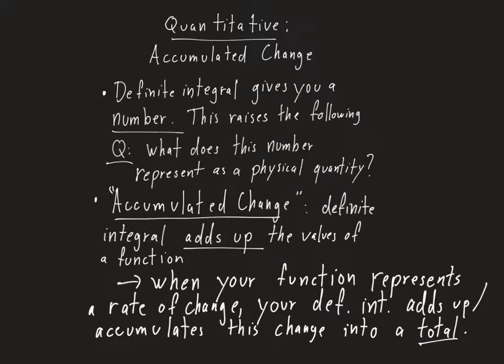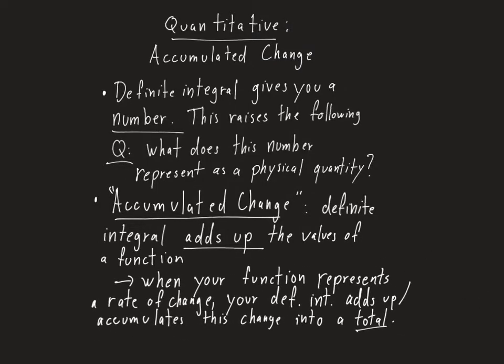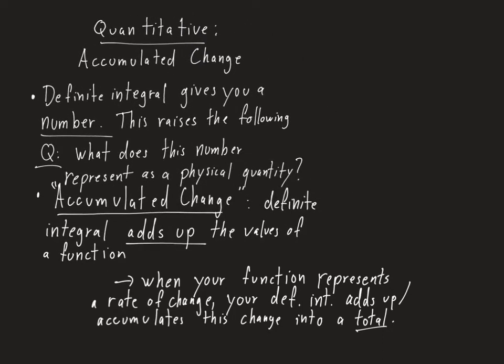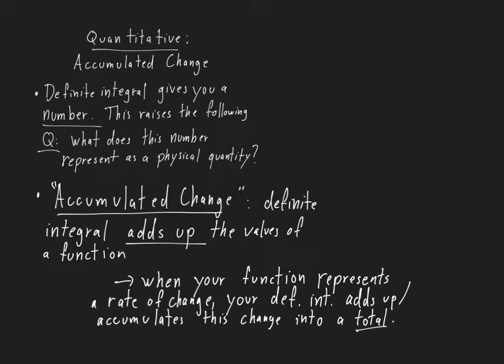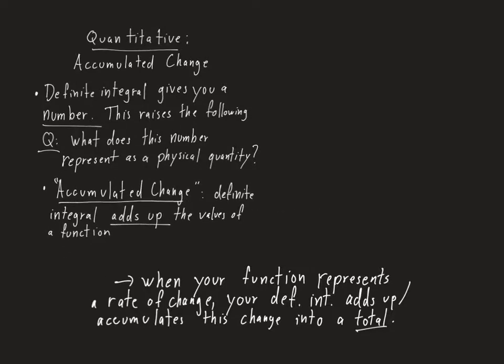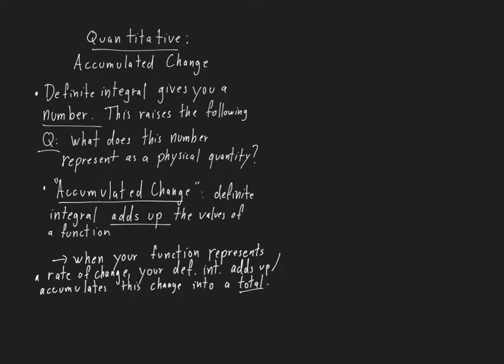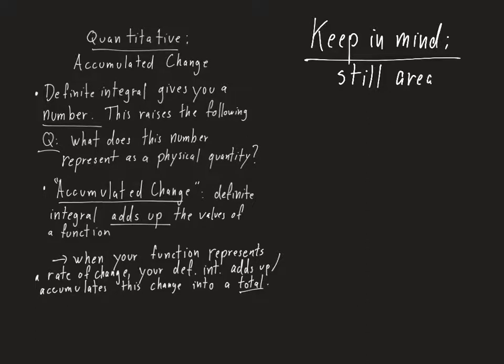Okay, now remember, when we do all of the examples or problems relating to accumulated change here, just keep in mind it is also still the area under a curve.